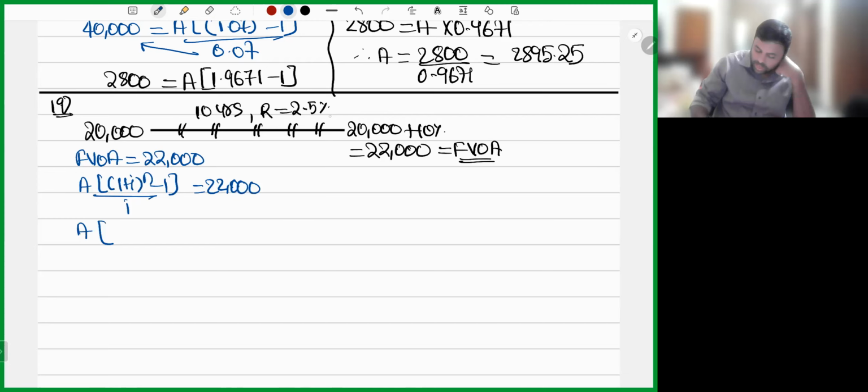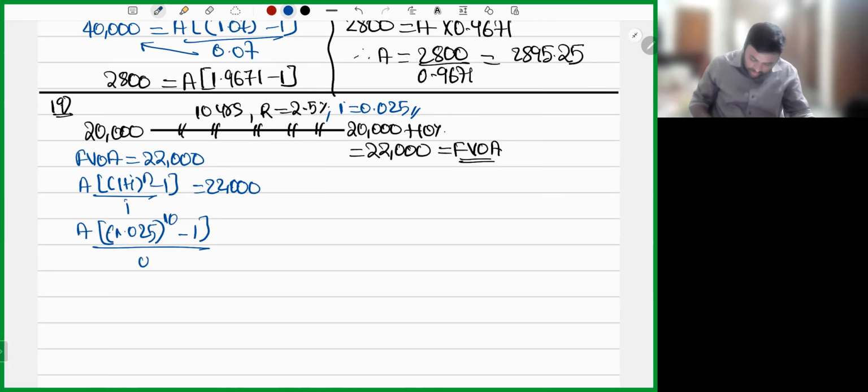R is 2.5%, which means i is 0.025; r divided by 100 gives the value of i. So A into ((1.025)^10 minus 1) divided by 0.025 is equal to 22,000.